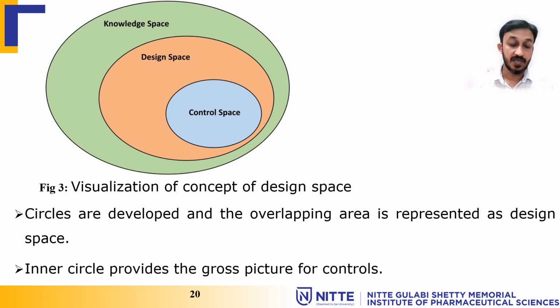So what happens even during the process, by chance a deviation happens, and if the deviation goes out of control space, still the product will be of appropriate quality since it is within the design space. That is why the control parameters are given where the control space is much smaller than the design space.